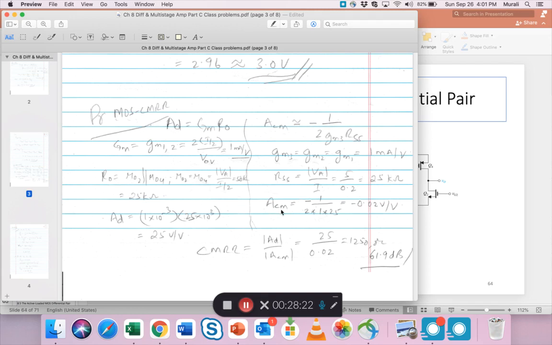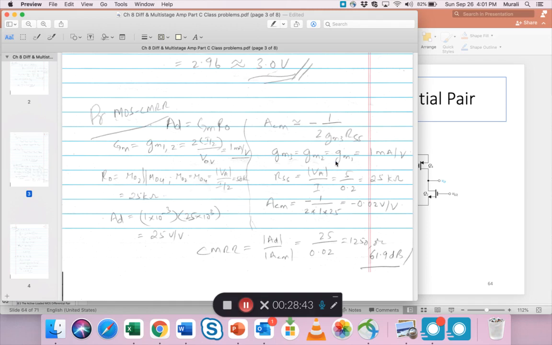So you can see ACM is much lower than AD. So CMRR is AD by ACM, 25 by this, so it's 1250. Or if you take it in terms of decibels, it's 20 log of this, gives you 61.9 dB.